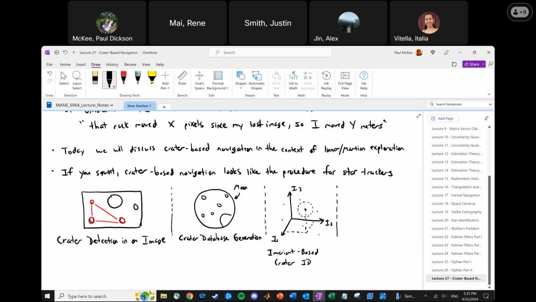And then the fourth step, if this is the moon and this is your spacecraft, and you're looking down at these three craters, wow, those lines are supposed to line up a little bit better. Let me try one more time.